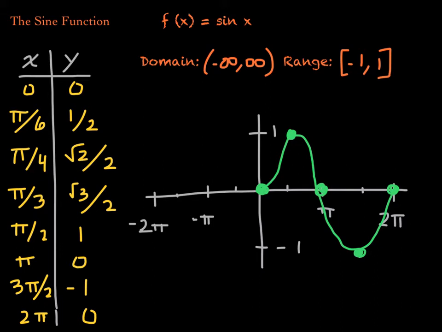So this graph will continue in the same pattern in both directions. This is why it's considered a sine wave. It will continue with the same pattern in both directions. So if we go to the left here, notice the pattern, everybody. Watch this. X-intercept, minimum. Now I'm going right to left, okay? X-intercept, minimum. X-intercept, maximum.